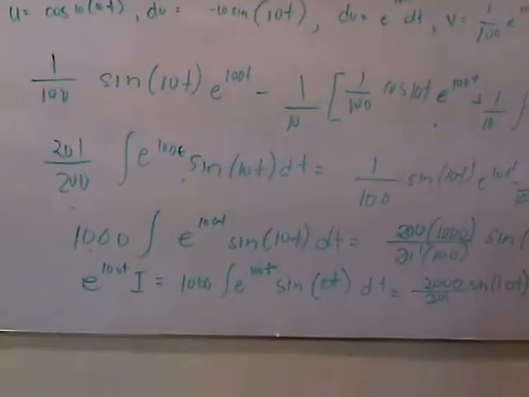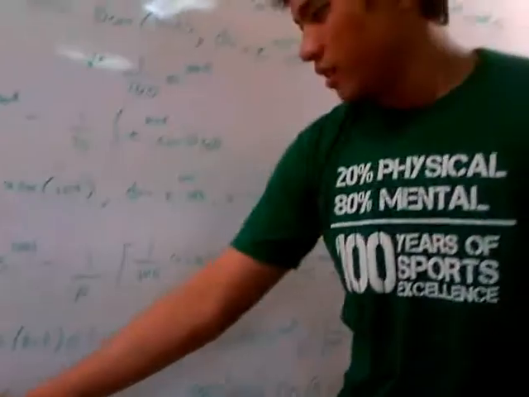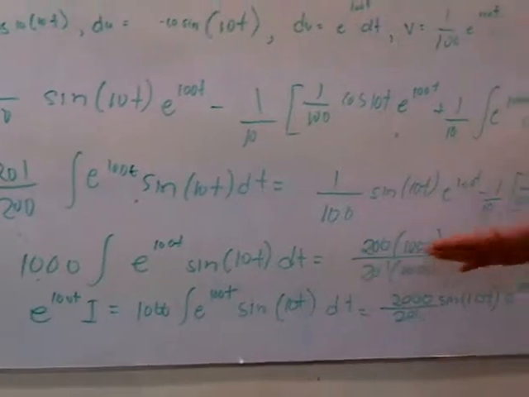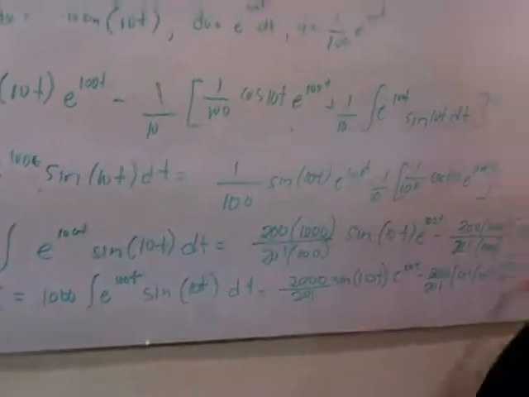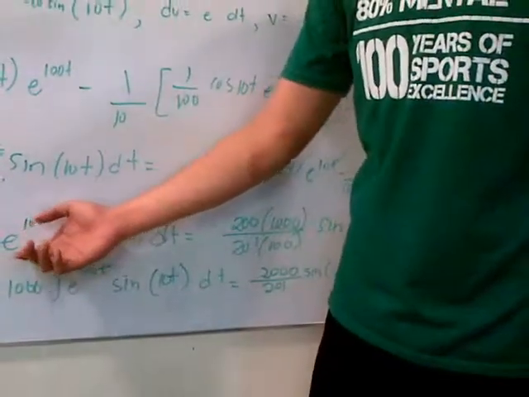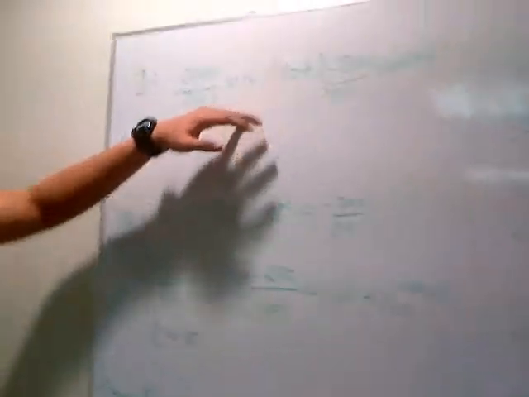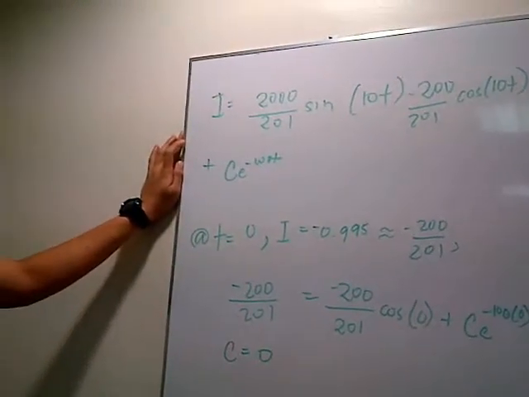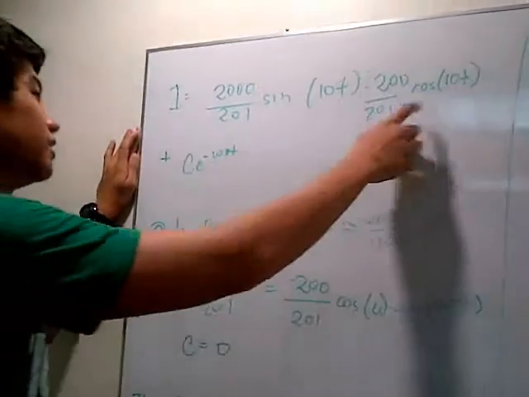After that, you simplify everything, try to eliminate all unnecessary constants, and you get this equation: i equals 2000 over 201 sine 10t minus 200 over 201 cosine 10t.